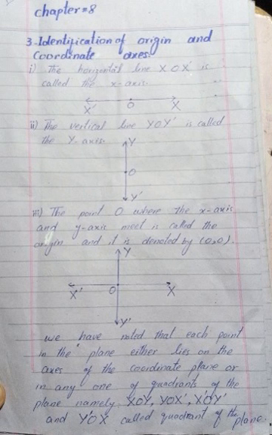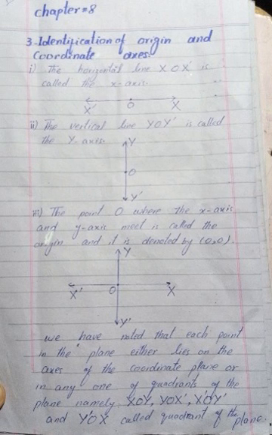So the first point is the horizontal line X'OX is called the x-axis, because it is a horizontal line. If you look from left to right, firstly X is coming, then O is coming in the center, then X' is coming.